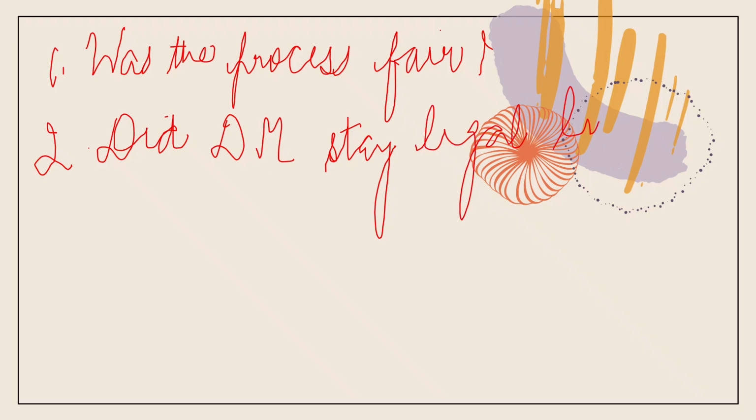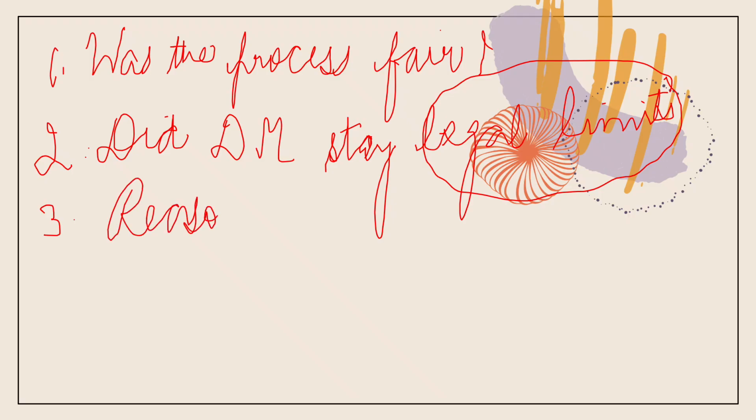Legal means whatever authority, whatever power was granted as per the statute, whether that decision maker, that particular authority, tribunal, body, any person, minister has acted within those authorized powers. Number three, did they act reasonably? Number four, did they follow the law?